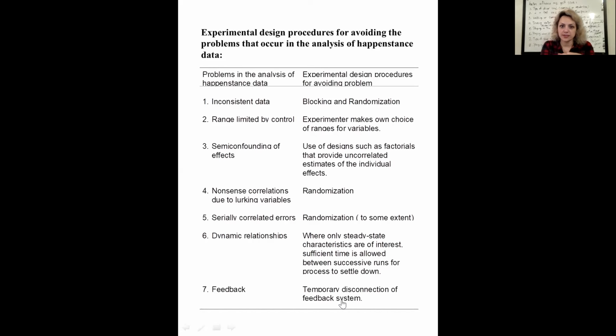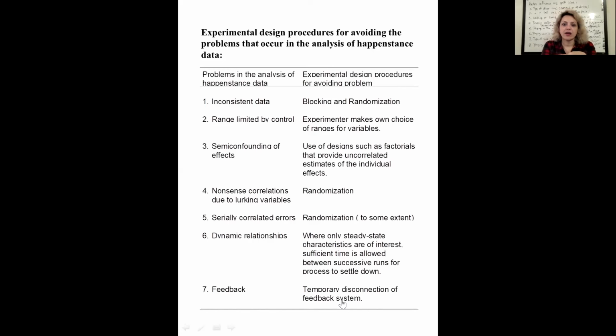for the experimental design. So here is the experimental design procedure for avoiding the problems that occur in the analysis of happenstance data. We have the problem, and then the next column is the experimental design procedure for avoiding the problem. For example, if we have inconsistent data, we would go with blocking and randomization.